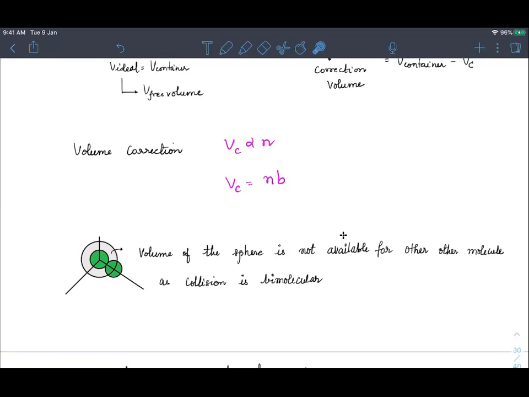So considering all of these collisions are bimolecular, if the third particle is coming, it will not have any available volume around this. Because it is a bimolecular collision, the third particle can come up to here, but beyond that it will not get any volume. That is all the volume covered by these two particles only. Everybody understood that?